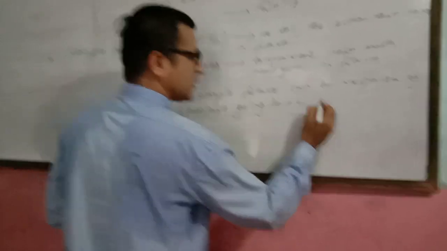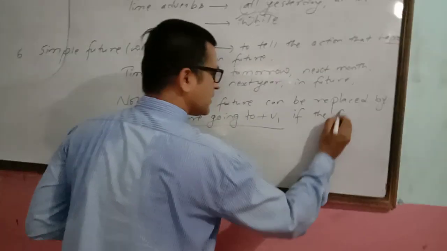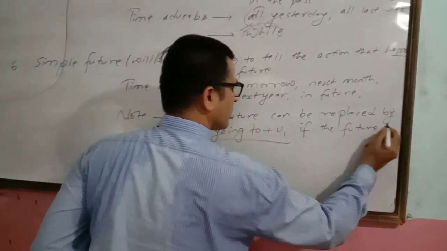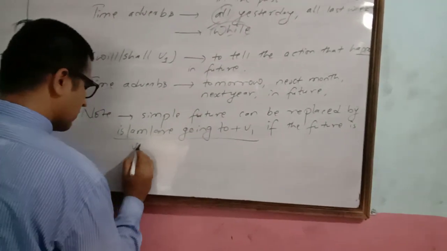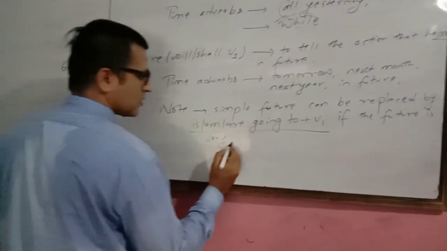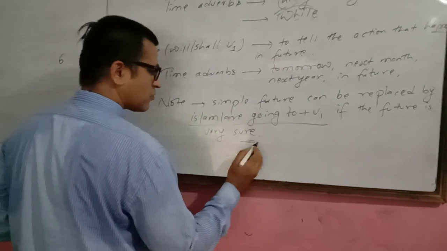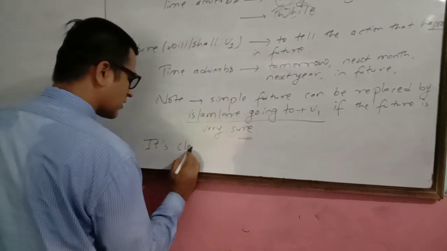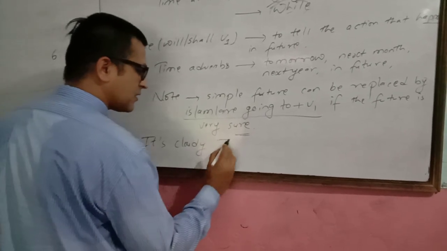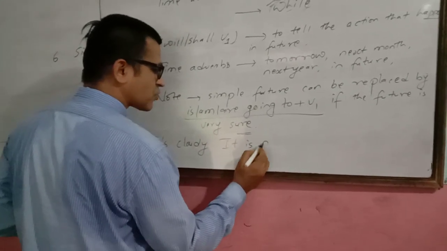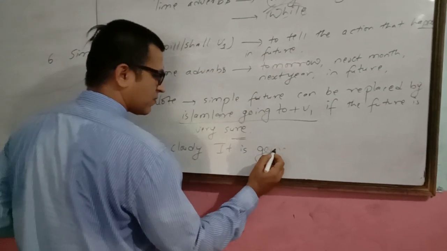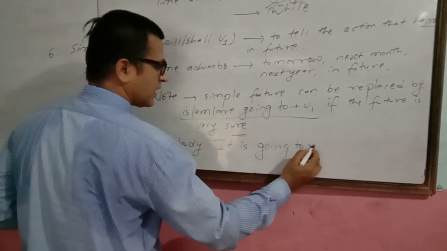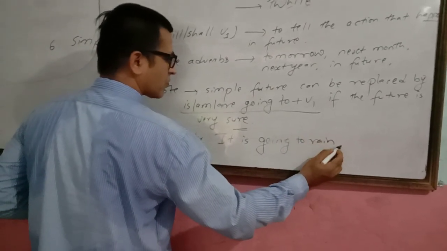This structure, if the future is very sure. For example, it is cloudy. If it is cloudy, then we understand that it is going to rain, not it will rain.